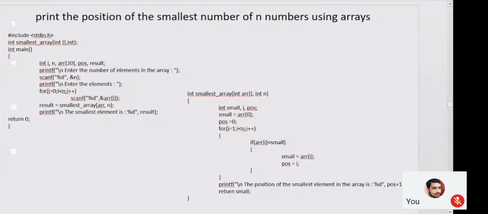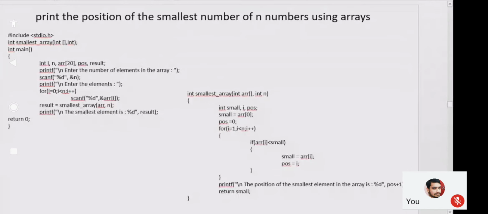Now this is the function. Again I write the same logic. Initially small is equal to ARR[0], position is equal to 0. Now it will compare with the elements. If an element is smaller than this, then small is equal to ARR[1] and position is equal to 1.